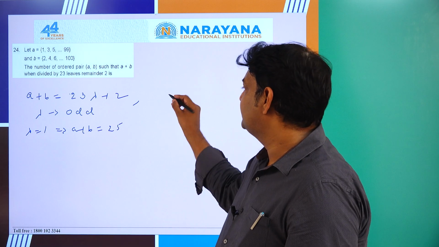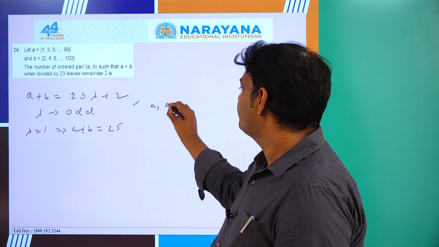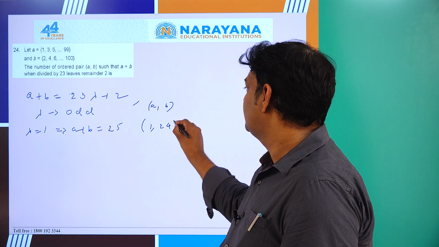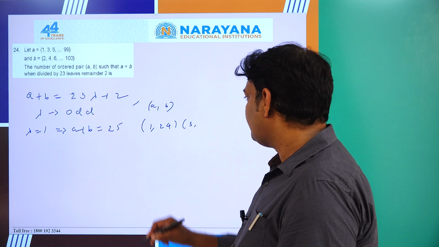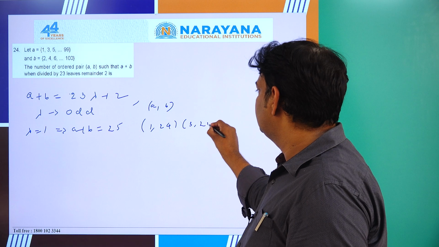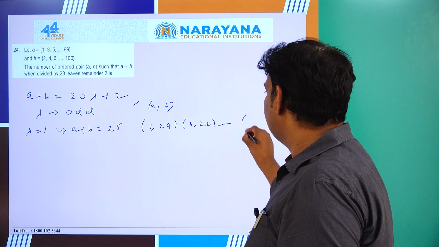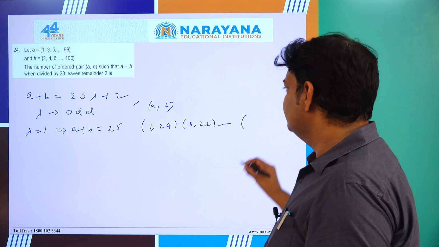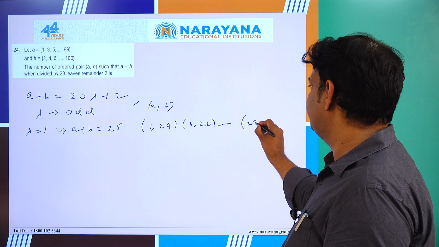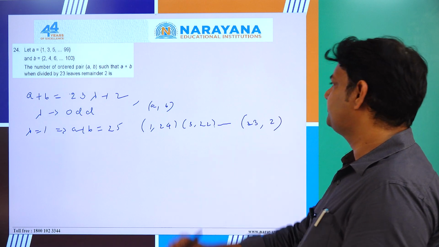So what are the ordered pairs (A, B)? A 1, B 24; A 3, B 22; like this. Finally, the last possible value of A is an odd number, it can be 23, then B should be 2.